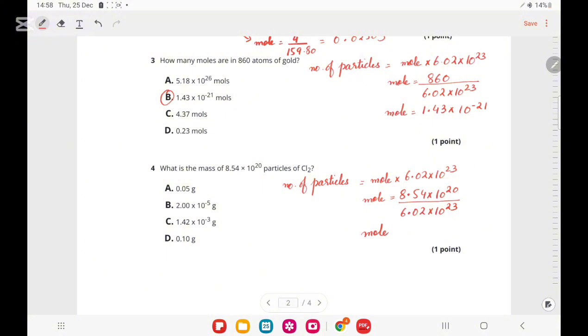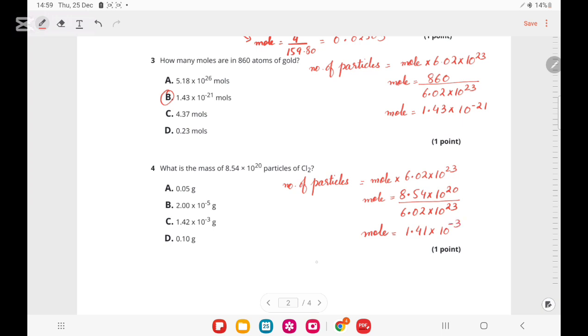The moles will come out to be 8.54 divided by 6.02, and that comes out to be 1.41 times 10 raised to power 20 minus 23, that is going to become minus 3.